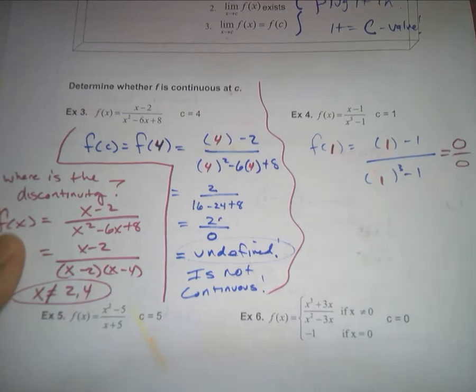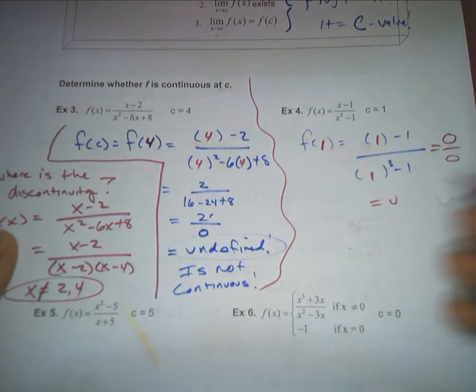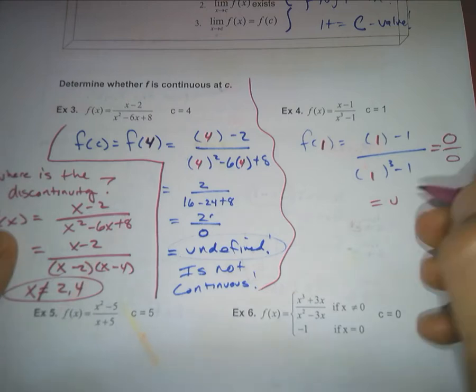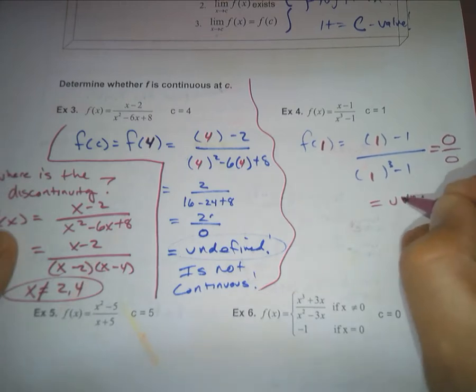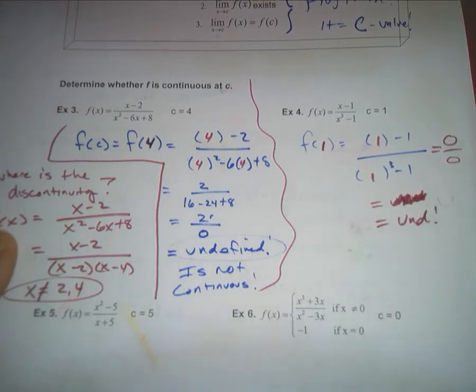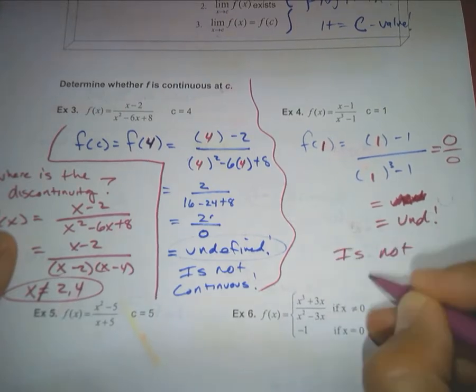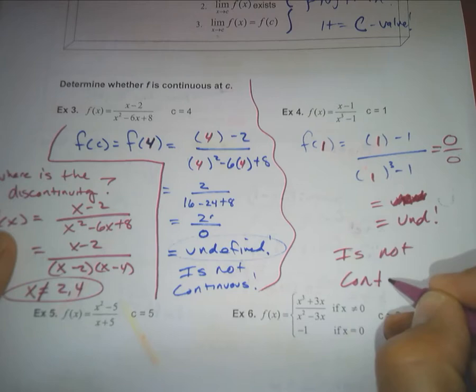What's 0 divided by 0? Anything divided by 0 is undefined. UND for short. And if it's undefined, this thing is not continuous.